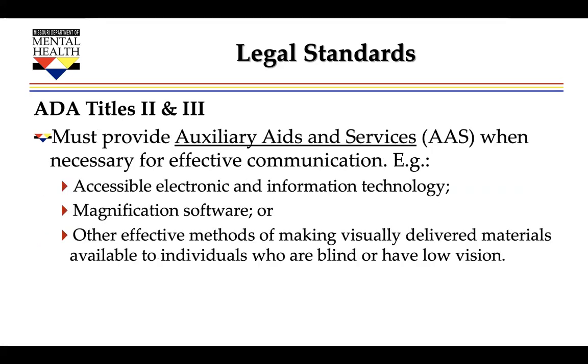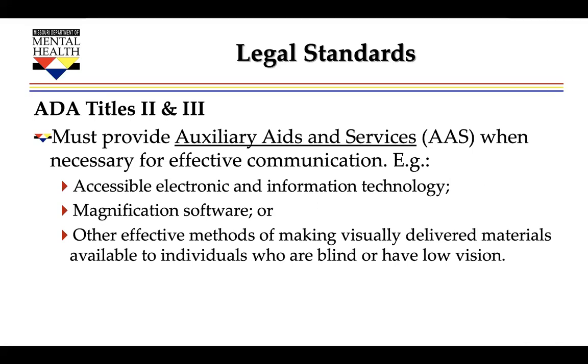Now, the effective communication requirement includes a requirement to provide what are called auxiliary aids and services anytime that's needed for effective communication. Now, auxiliary aids and services can be lots of different things, but the key example we're going to be talking about today is accessible electronic and information technology.